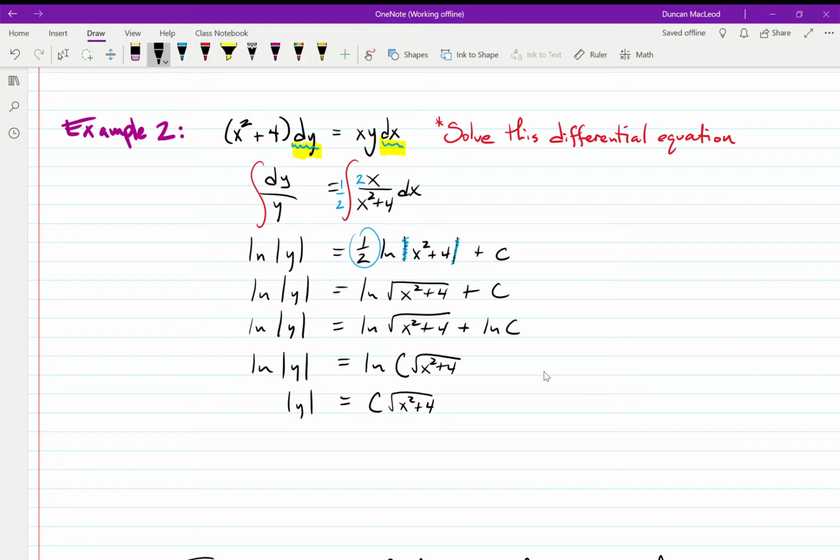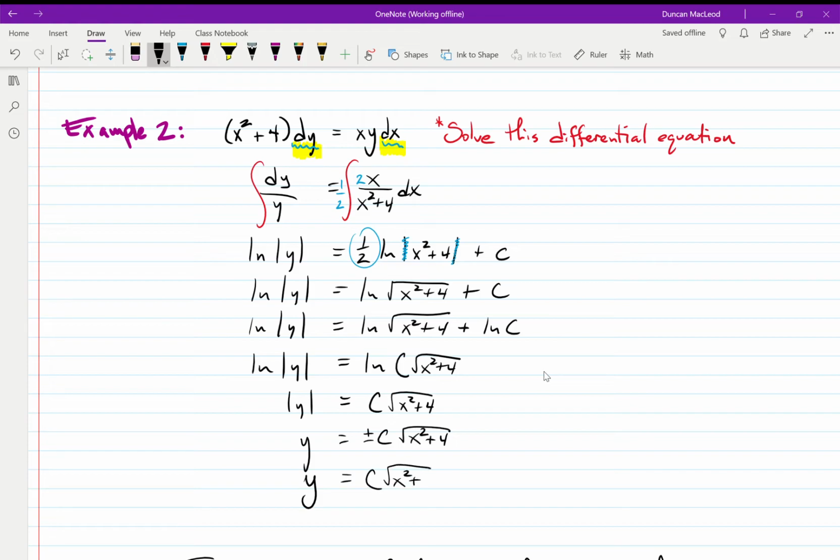It's not always clear because there's no clear-cut rules. If I take off absolute value, it would have to be a plus or minus. But a plus or minus on a C gets absorbed into it because it's just like a multiplier. So you actually can sort of solve this one for y.